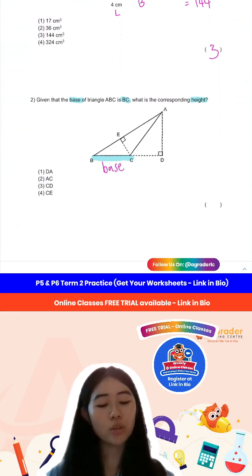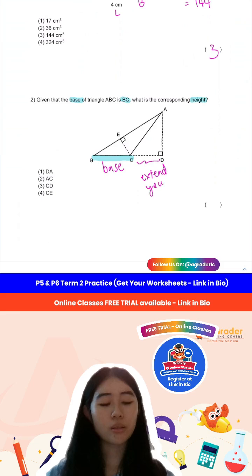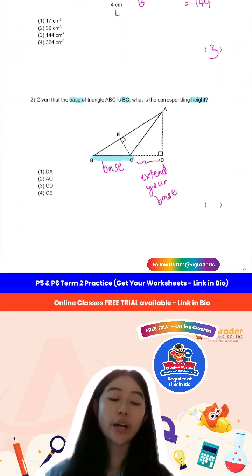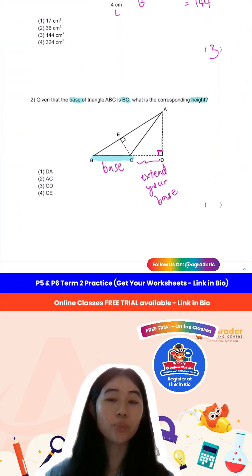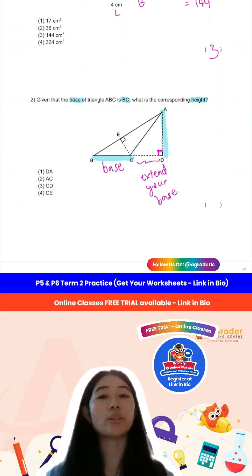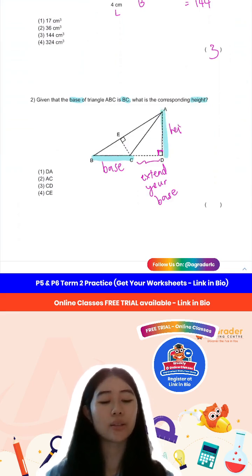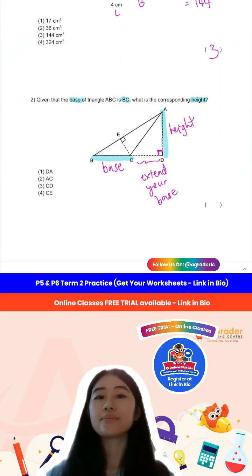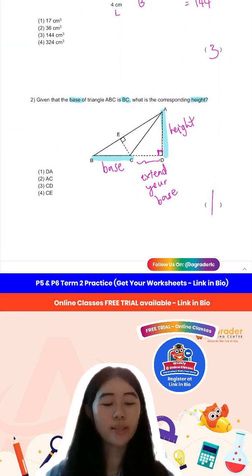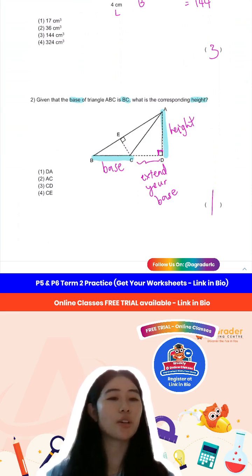All this dotted line here is where you extend your base, until you see the right angle being formed. And then AD or DA is going to be the height. So this will be option 1 as the answer, which most of you got correct.